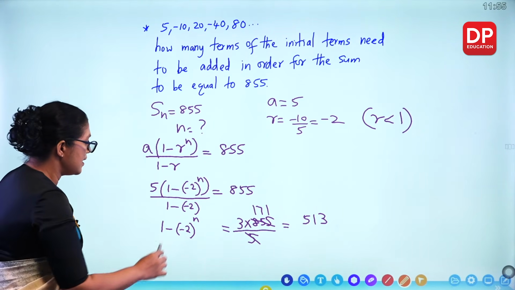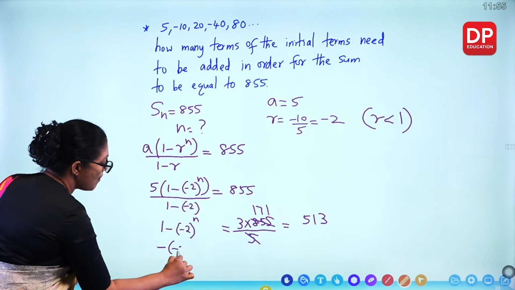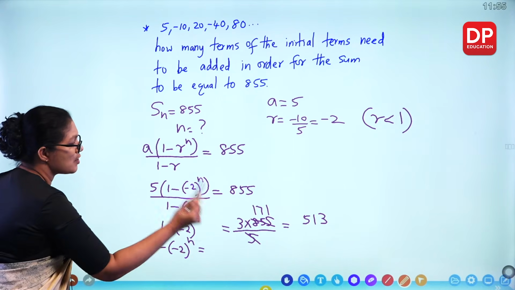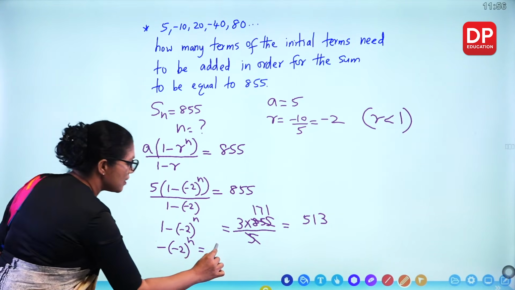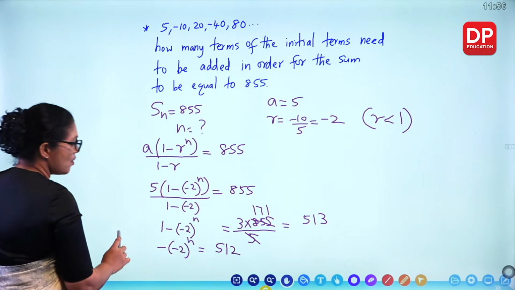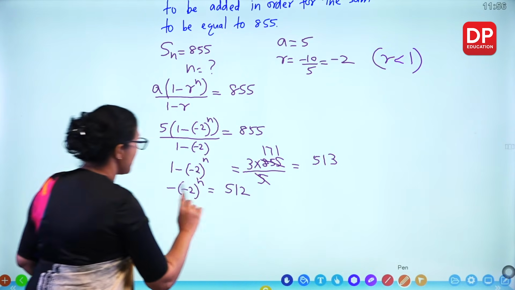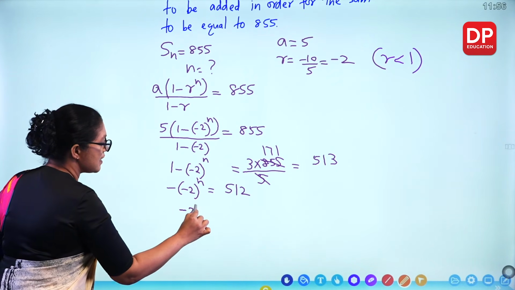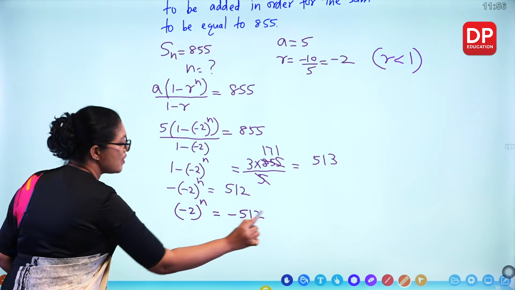513. Now we'll take 1 to the other side. You get minus 2 to the power n is equal to, when you take 1 to the other side, 513 minus 1, 512. Now consider the negative sign on the other side. So that means multiply by negative. You get negative of minus 2 to the power n is negative 512.